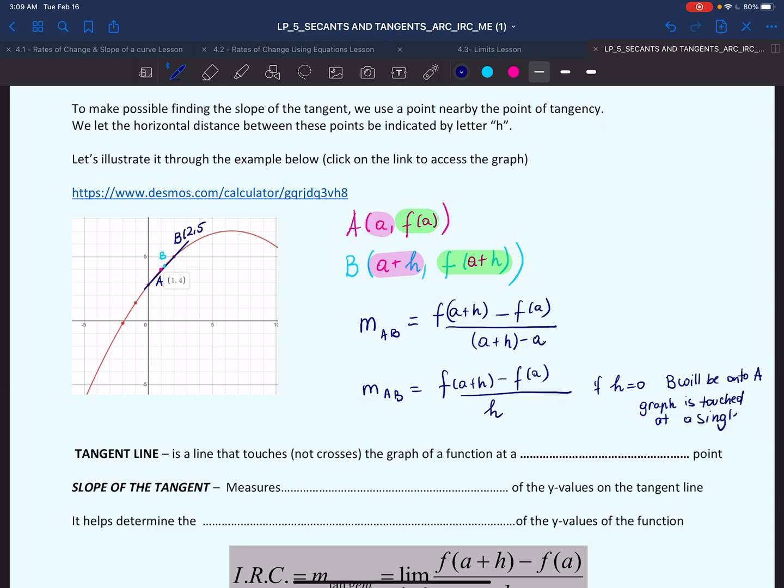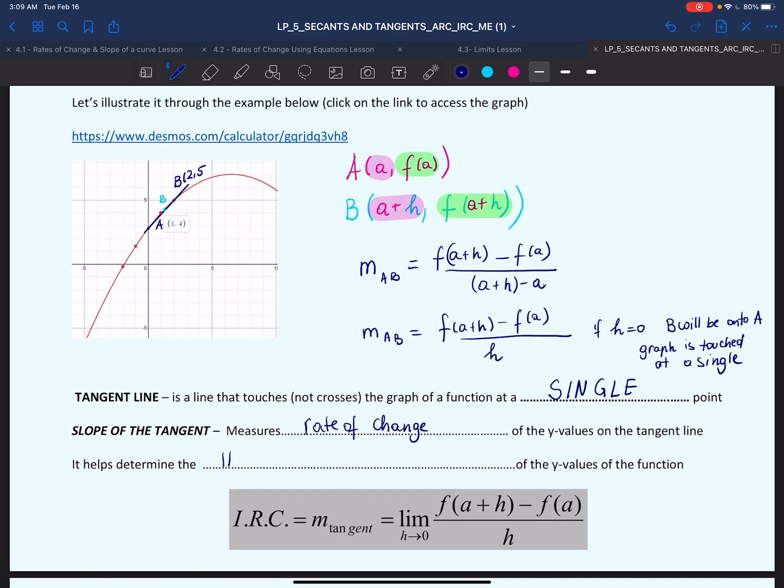Now when a line touches the graph at a single point, we say that we have drawn the tangent line. And the slope of the tangent will measure the rate of change of the y values on the tangent line. Now it will help us determine the instantaneous rate of change of the y values.